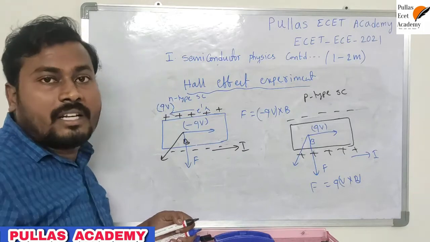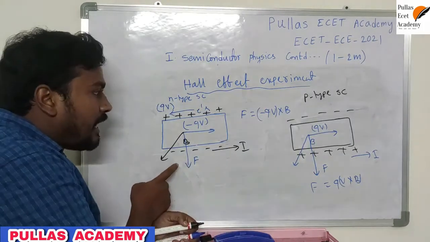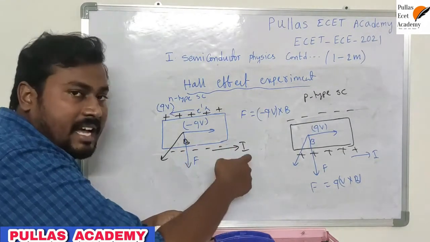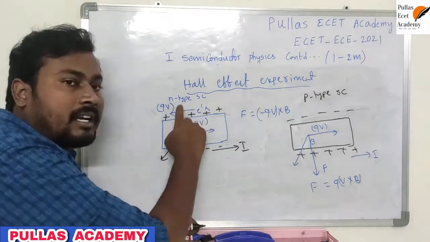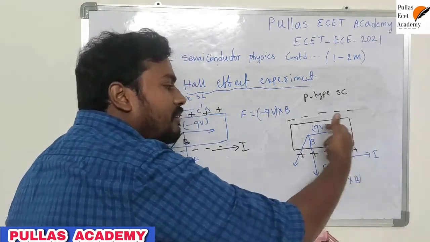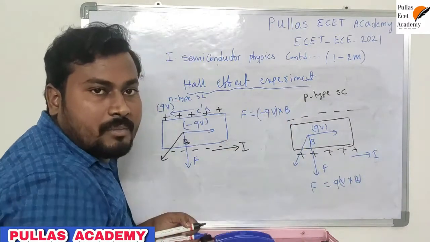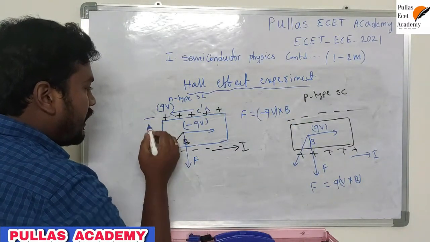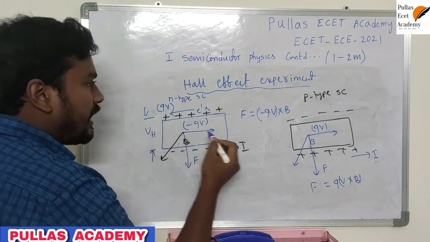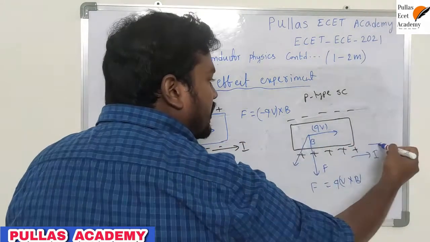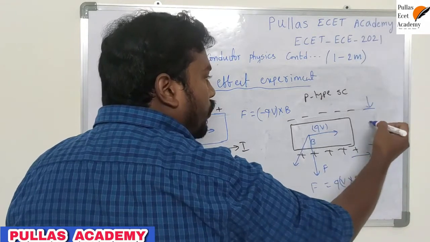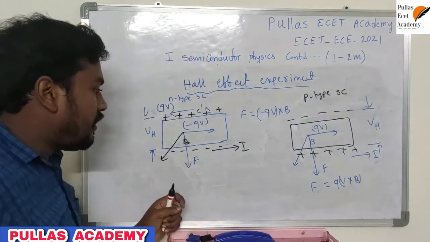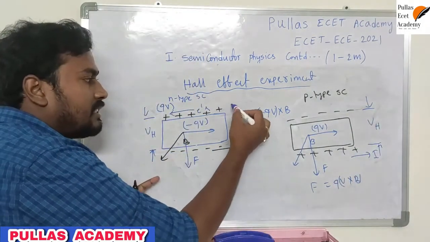If you are doing that experiment and the lower surface is negatively charged, that is an n-type semiconductor. If the lower surface is positively charged, that is a p-type semiconductor. This potential difference creates a Hall voltage. Here this is surface 1 and this is surface 2.